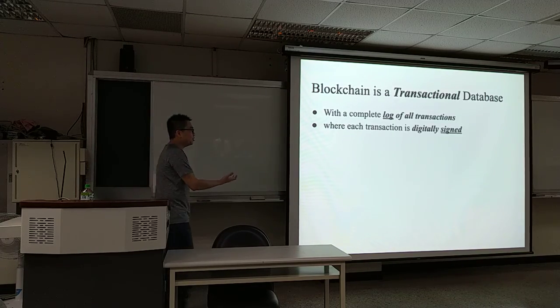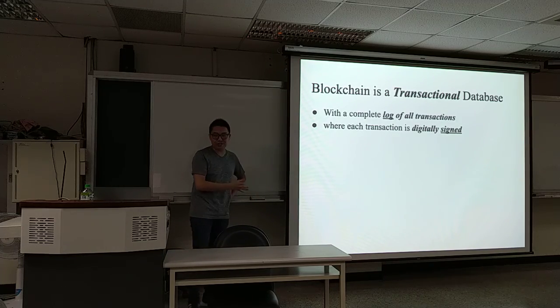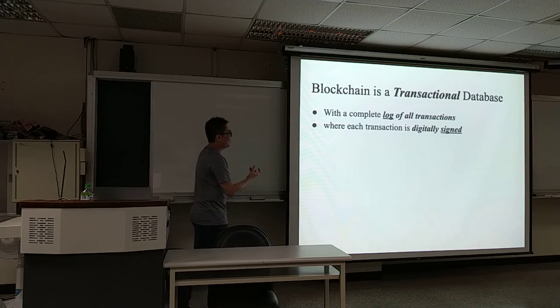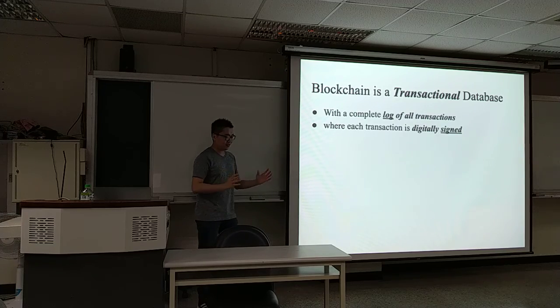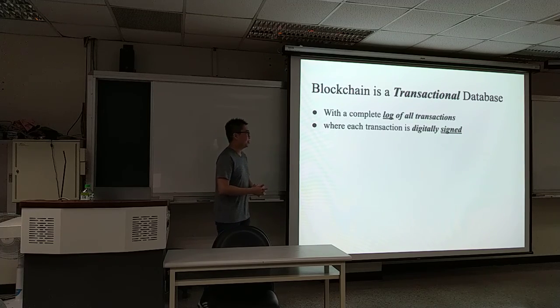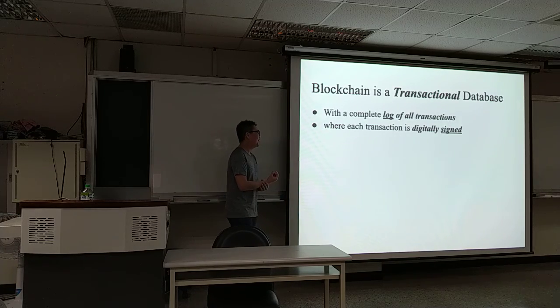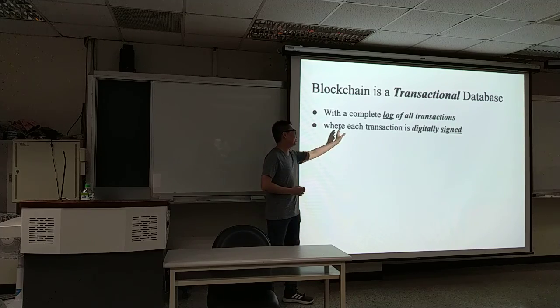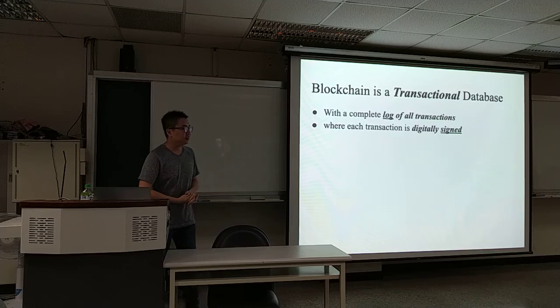And such a ledger, or we can call it a database, is a transactional database, by which we mean that we can mutate the database state with transaction execution. A very important property of blockchain is that we have a complete log of all the transactions.